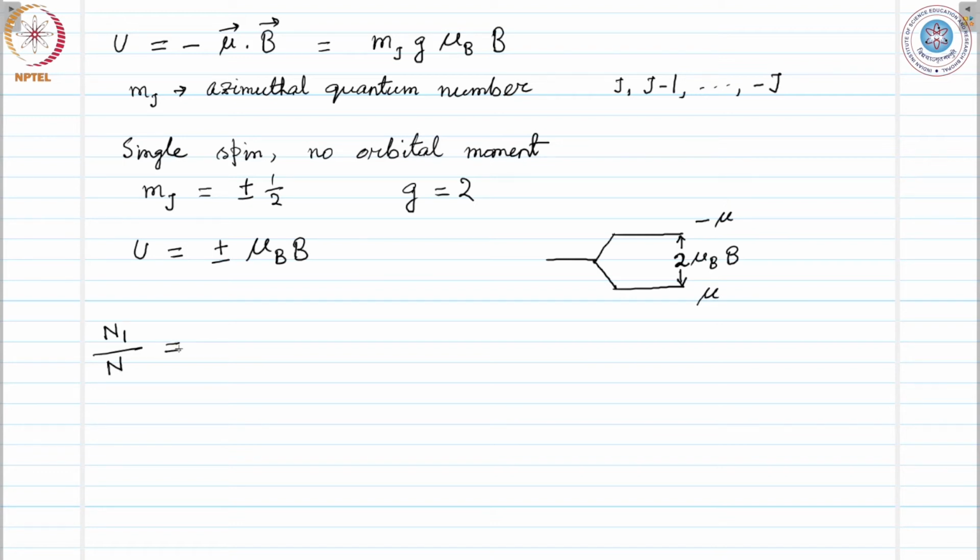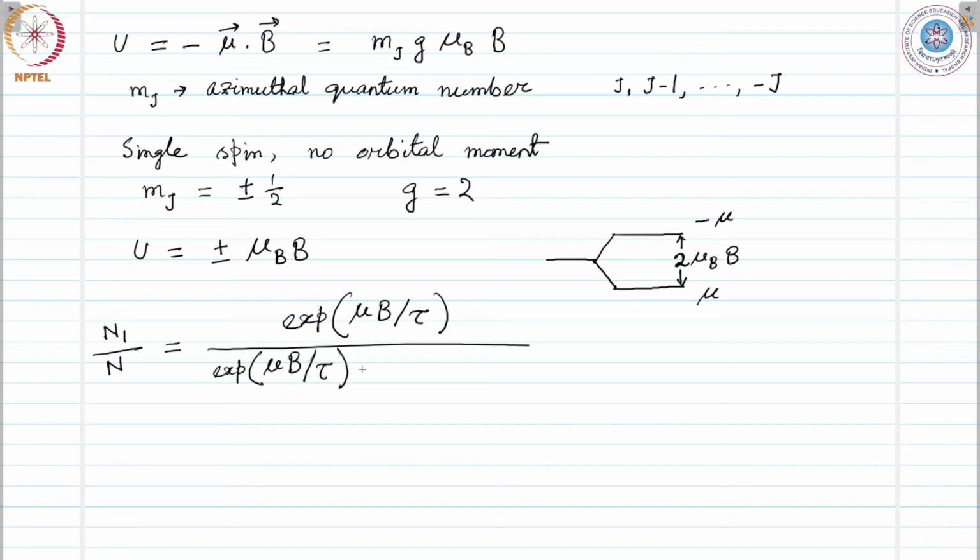This ratio N1 over N can be expressed as e to the power of mu B over tau, divided by e to the power mu B over tau plus e to the power minus mu B over tau.